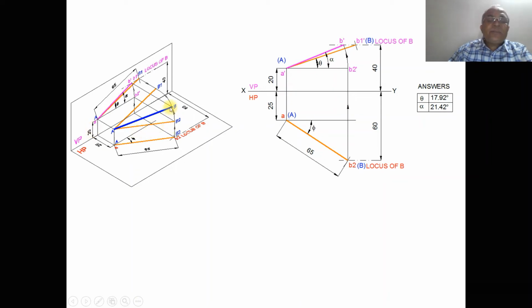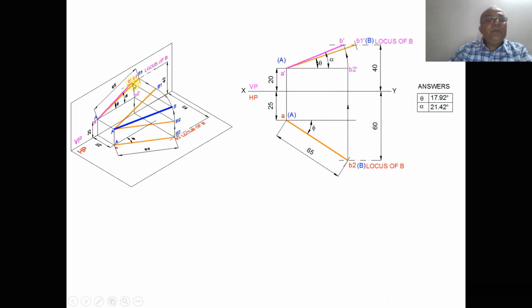Once you rotate here, where will it go? B2 dash is not above HP by 20 mm. Instead, it is above HP by 40 mm. So with A dash as center, taking the radius of A dash B2 dash, in other words, you are rotating capital AB2 with A as center and AB2 as the radius, such that B cuts the locus of B in the front view.